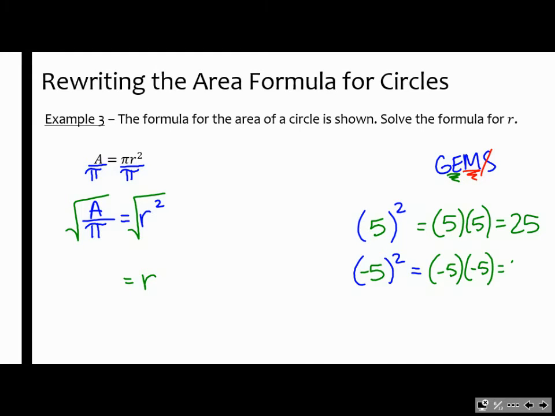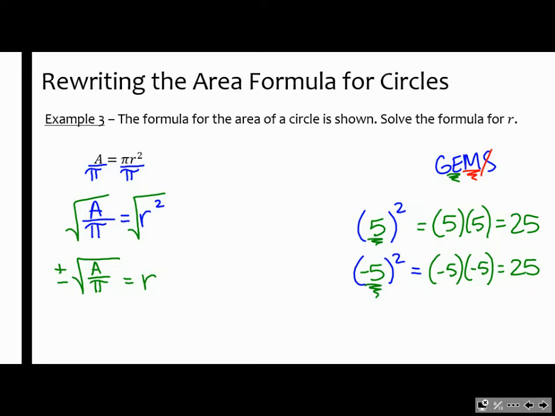Negative 5 times negative 5 is also positive 25. So when you have a variable and you're taking the square root of it like we have over here with r, you actually have a positive solution such as 5 and a negative solution such as negative 5. So you're going to write your answer as plus or minus the square root of area over pi, because I can't simplify anything under the radical, which is another name for square root.